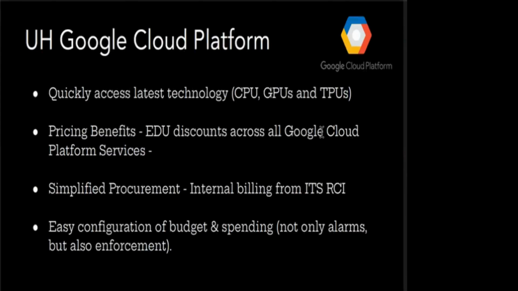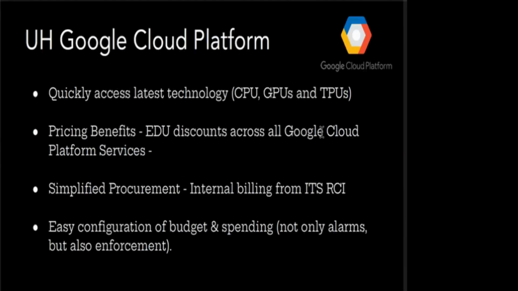And hopefully this will offer a simplified procurement and internal billing through ITS RCI. So you'll be able to shortly, hopefully, pay for those services. And it's also set up in a way that you can budget your spending, so you can't overrun your budget, which with normal cloud vendors is possible.